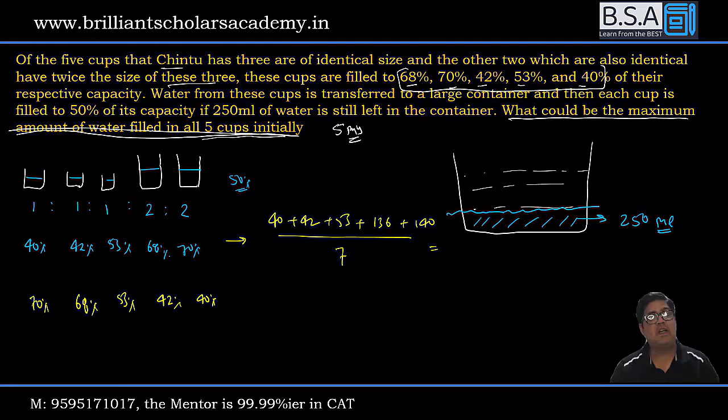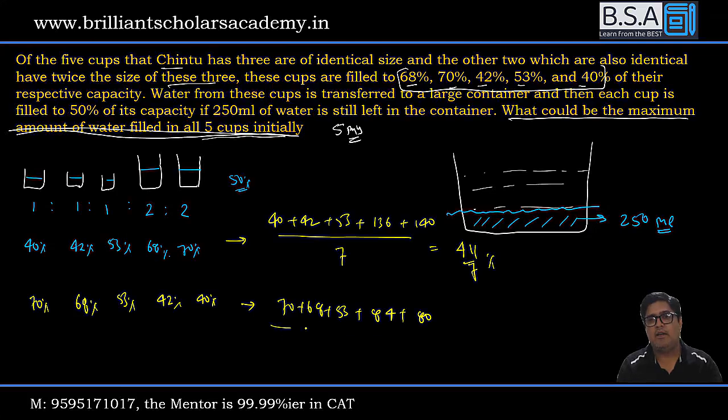It is not a multiple of 7. So what I will do is, this is filled 411 by 7%. Leave it there. Now this one would give me 70 plus 68 plus 53 plus 84 plus 80 upon 7.